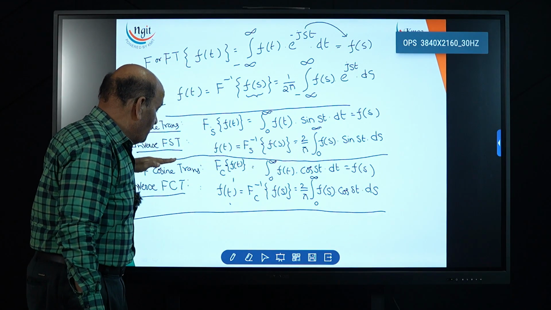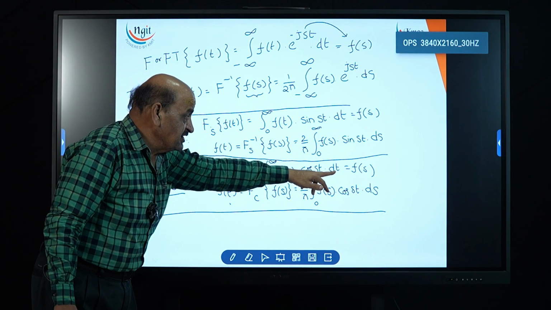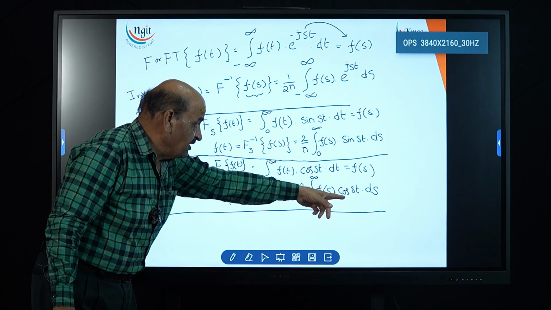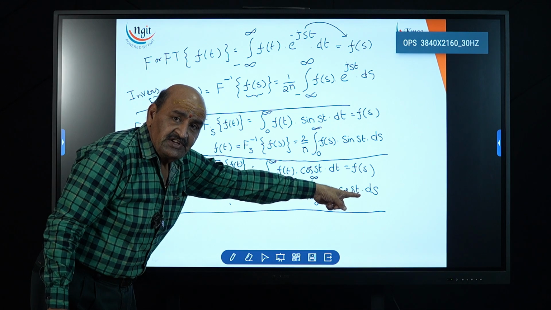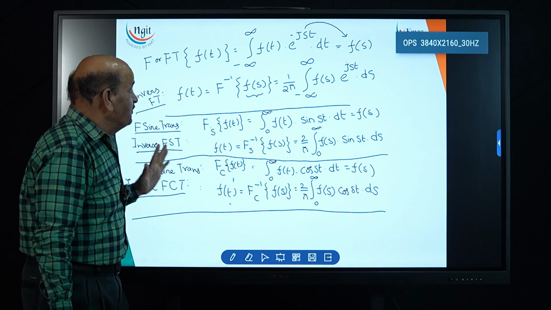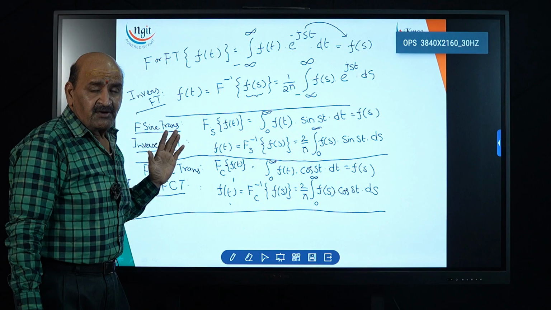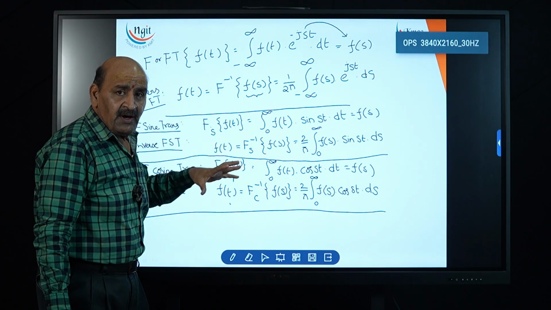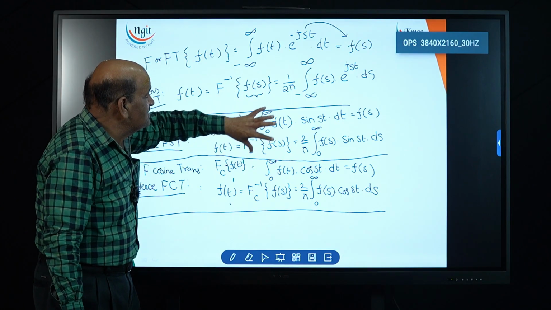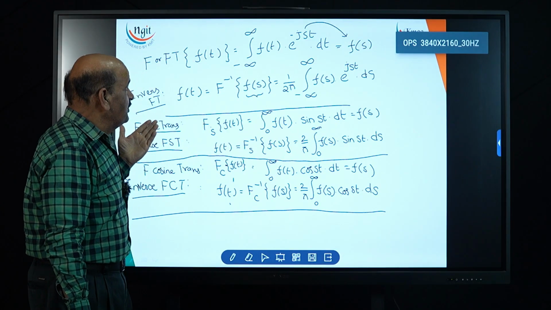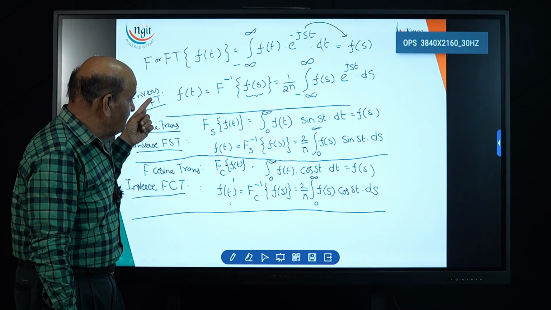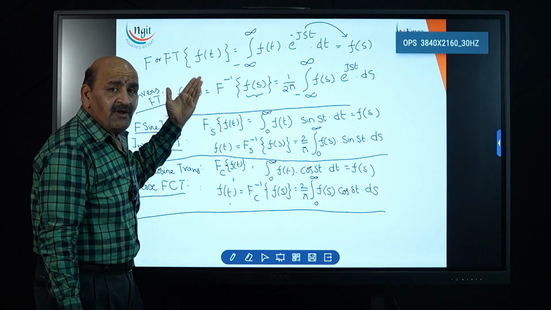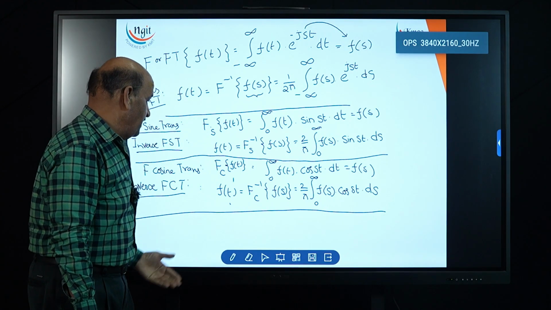The same holds for cosine. These three are very important concepts. All problems are moving around these three concepts only, so students have to remember them easily. That's why I have written all three transformations on a single page.